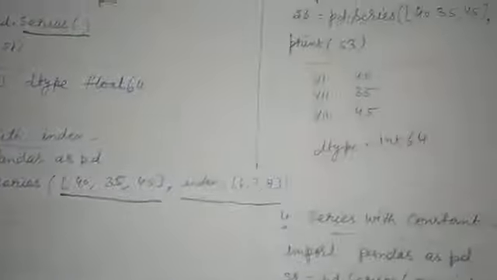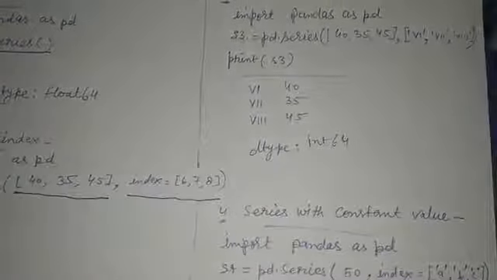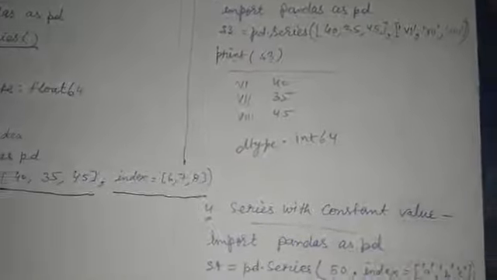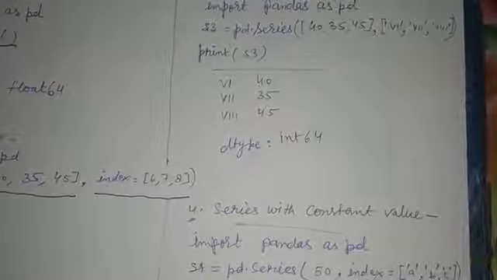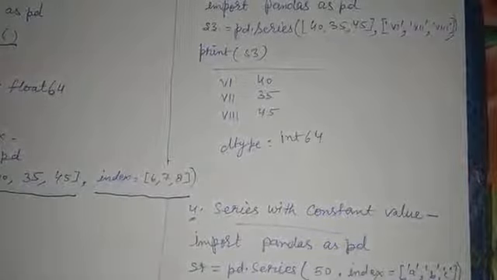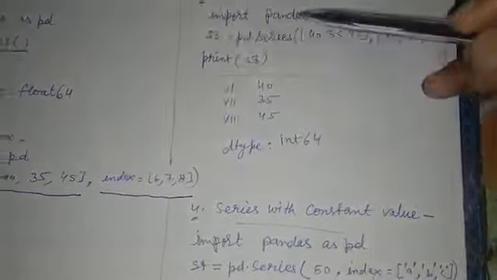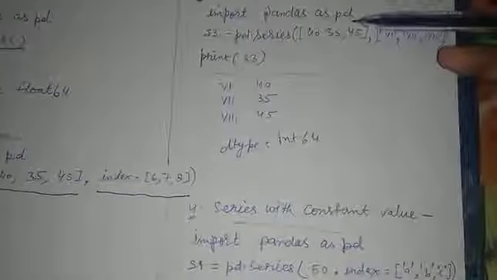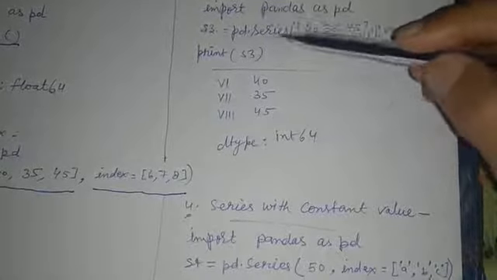Next, move to the third way of creating a series. And this is, we are going to index our data through character, text or string index, which is quite interesting. Import pandas as pd. s3 is equal to pd.Series.